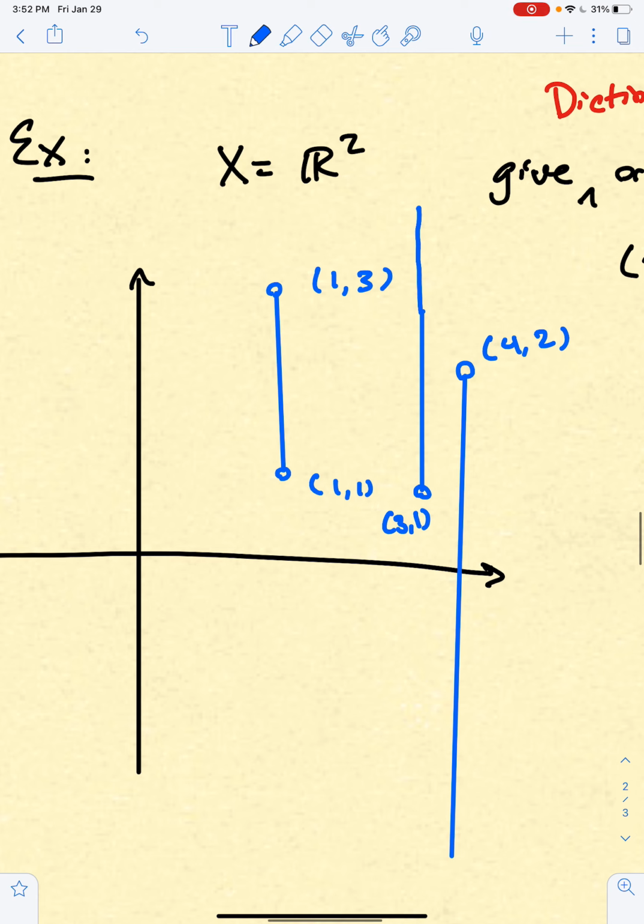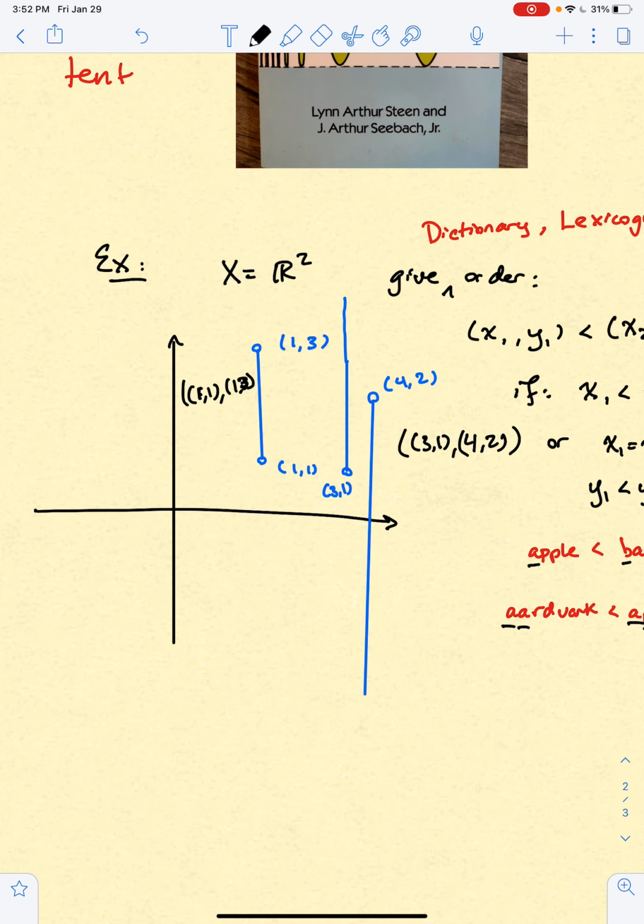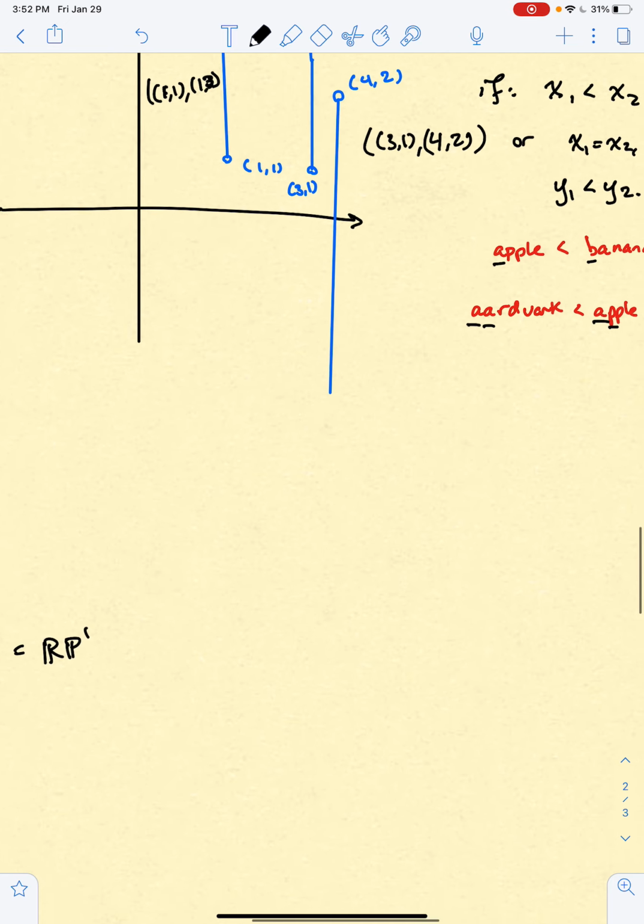So this is the interval from (1,1) to (1,3), and this one is the interval from (3,1) to (4,2). Those are both examples of open intervals. But there's no biggest element or smallest element here either, so we only have these open intervals.